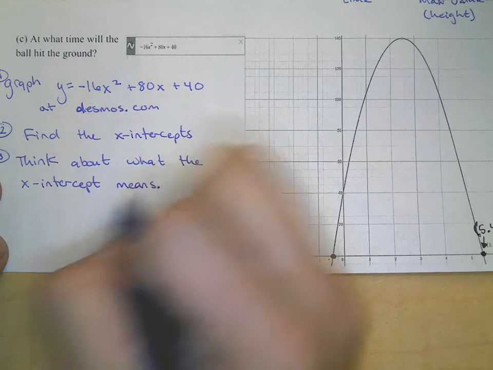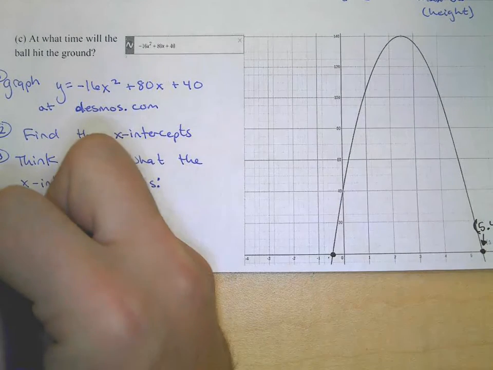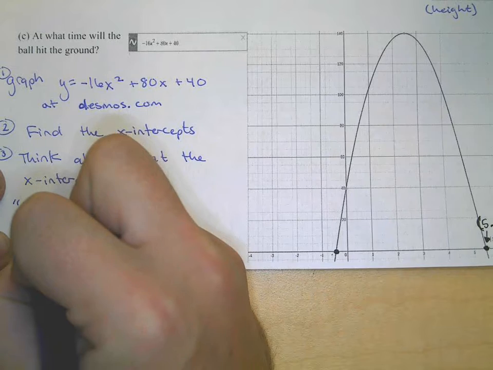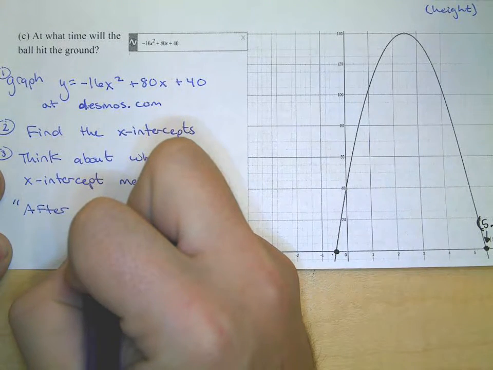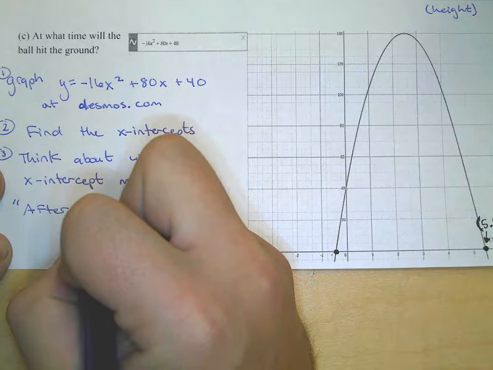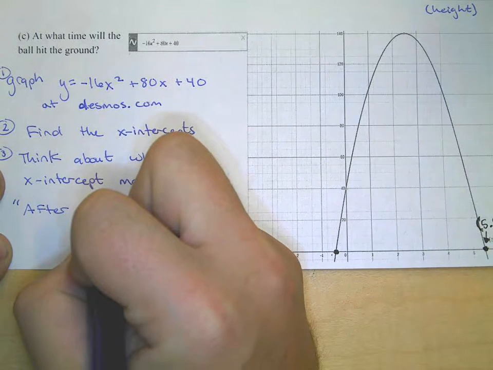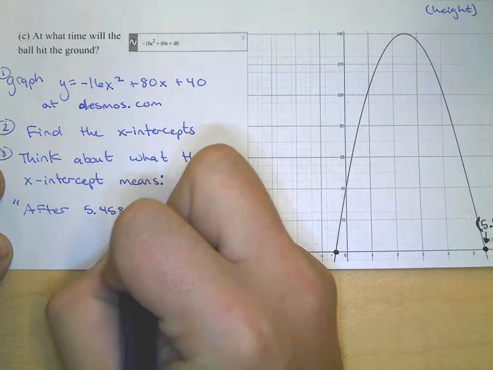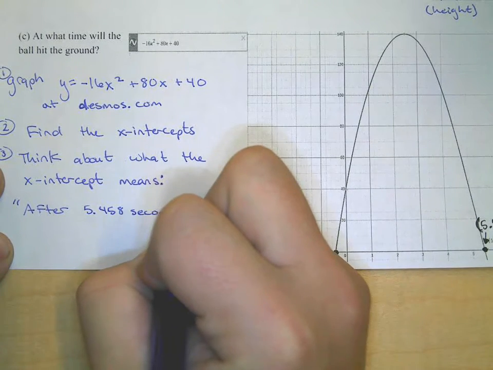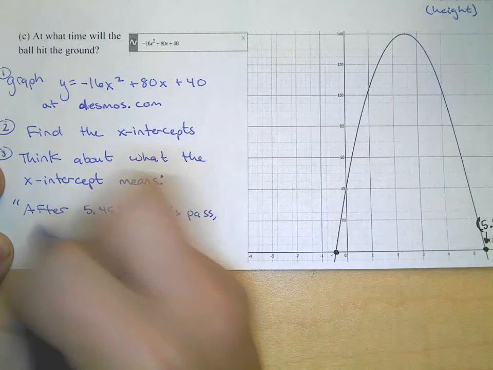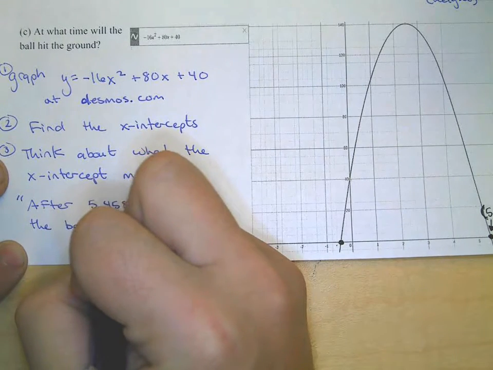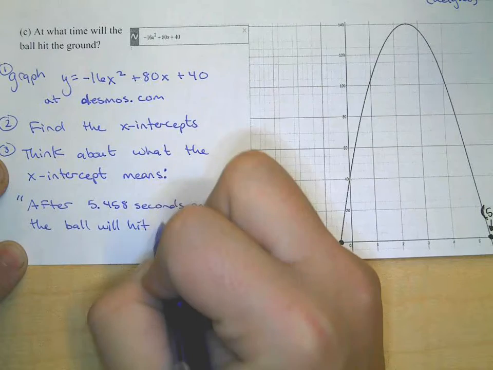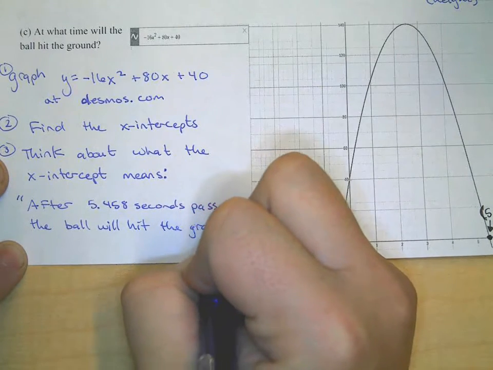So I can write the sentence, after 5.458 seconds pass, the ball will hit the ground.